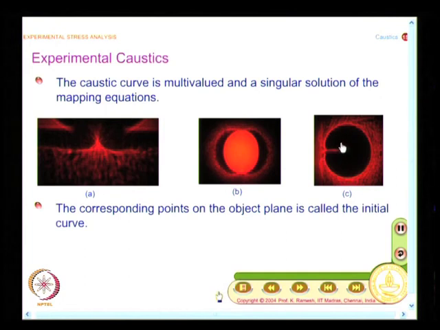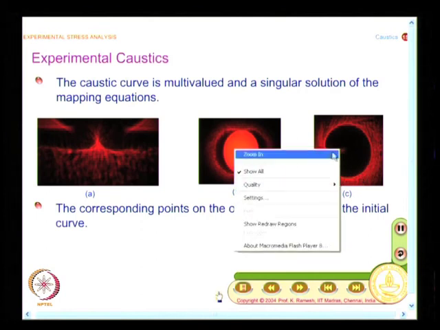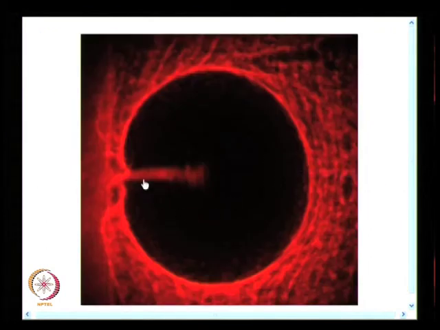So, you have a shadow bound by a silver region, and you can see very clearly I have a shadow, this is bound by a silver region, and this is the caustic shadow for a mode 1 crack.